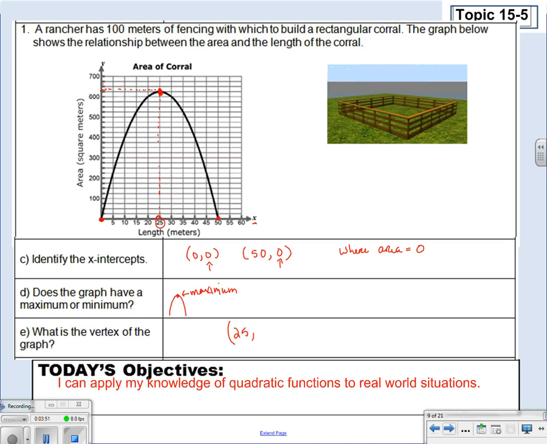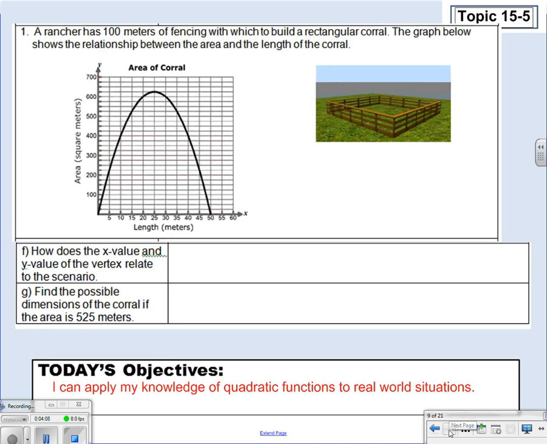I have 4 spaces, 1, 2, 3, 4 spaces in between the 600 and 700. So each space represents 25, so this would be 625. That is the vertex of the graph itself. So we have just found that our vertex is at (25, 625).